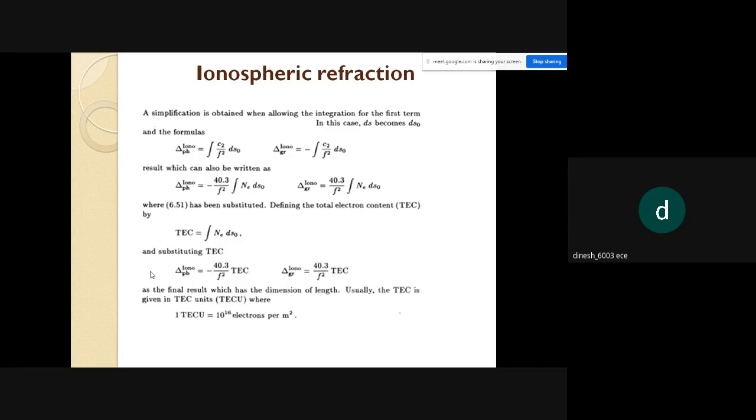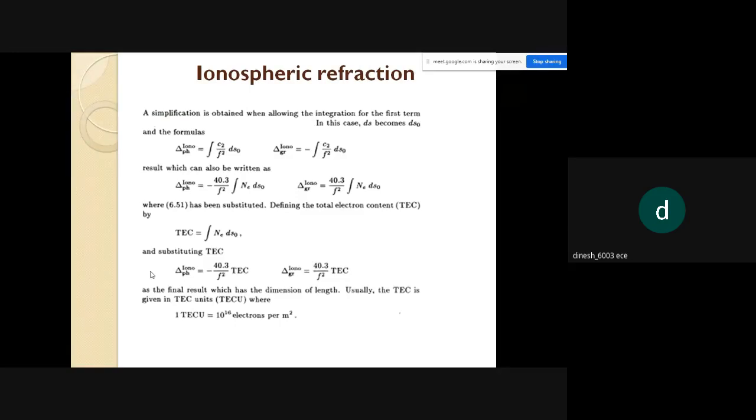So if you substitute minus 40.3 into Ne in the phase ionospheric refraction, we get minus 40.3 divided by f squared times the integral of Ne ds naught. Whereas for group it becomes plus, so minus into minus is plus 40.3 divided by f squared times the integral of Ne ds naught.